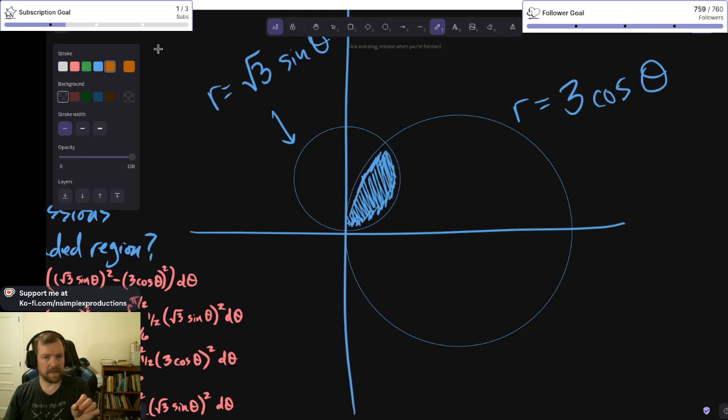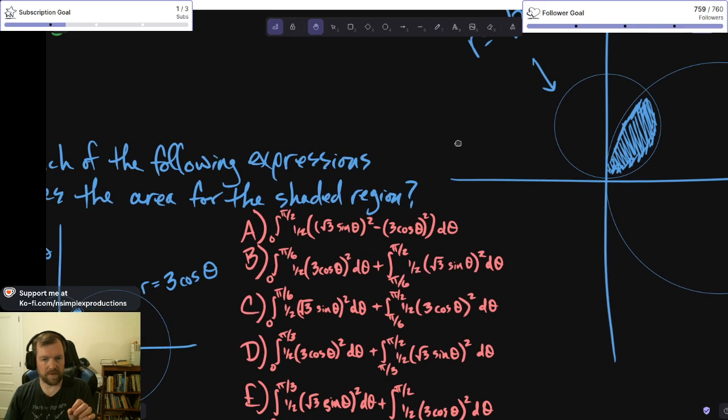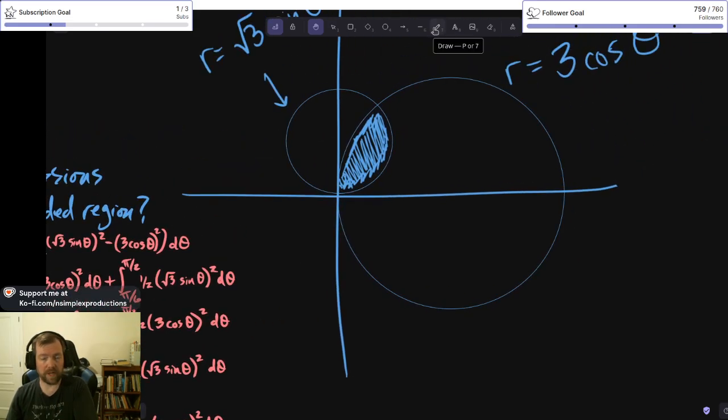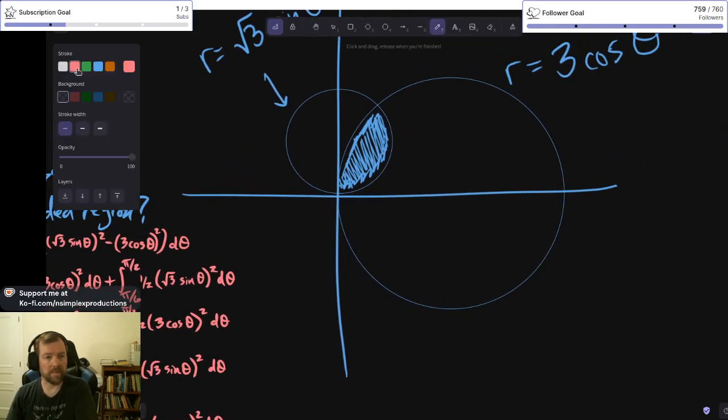So looking at the other things that we have, you might look at the first formula and be like, oh, well, this is going to be like the first curve minus the second curve. And that works great if we were going this way and trying to get some sort of diagonal area.